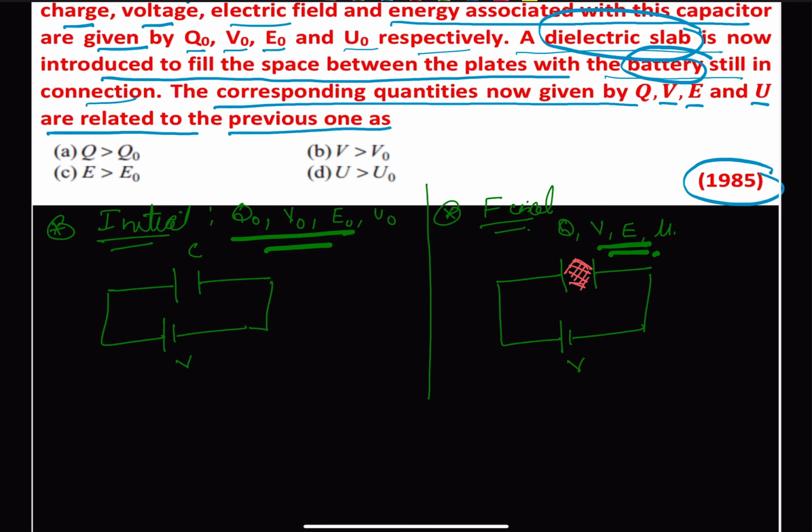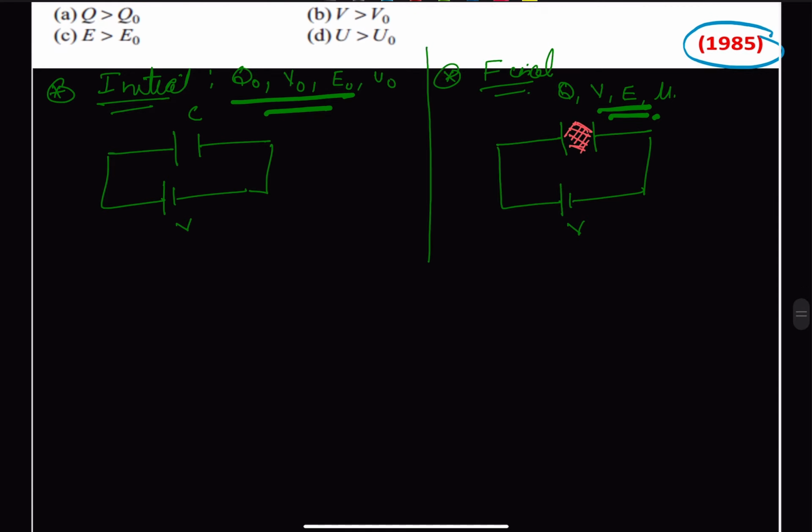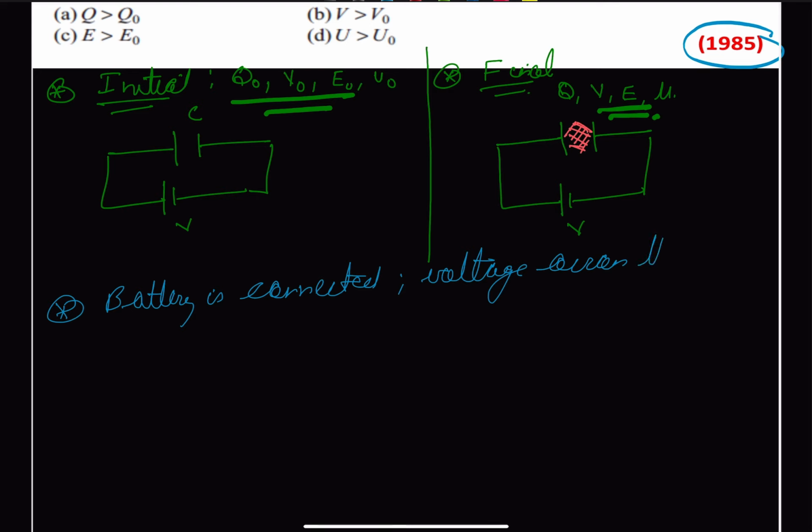We know that the battery is connected, so obviously the voltage across the capacitor is going to remain constant because we have not removed the battery source. This is the first point.